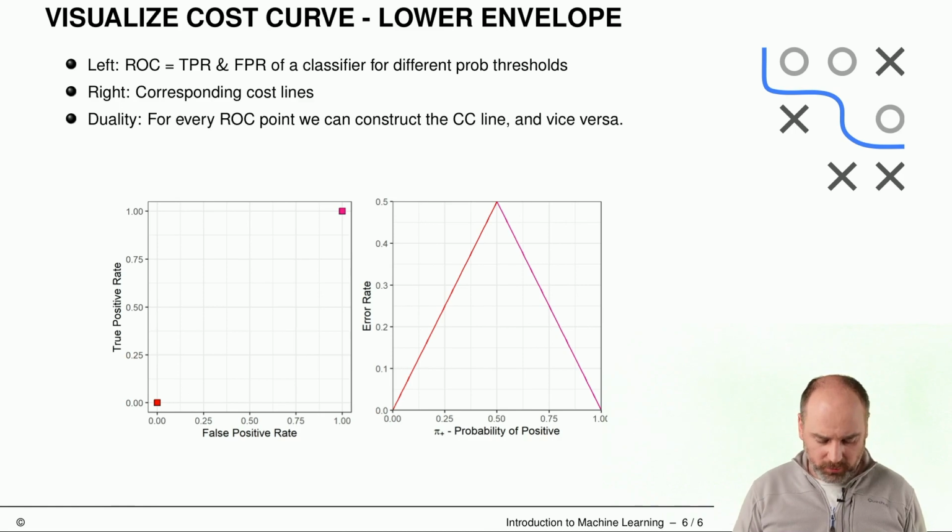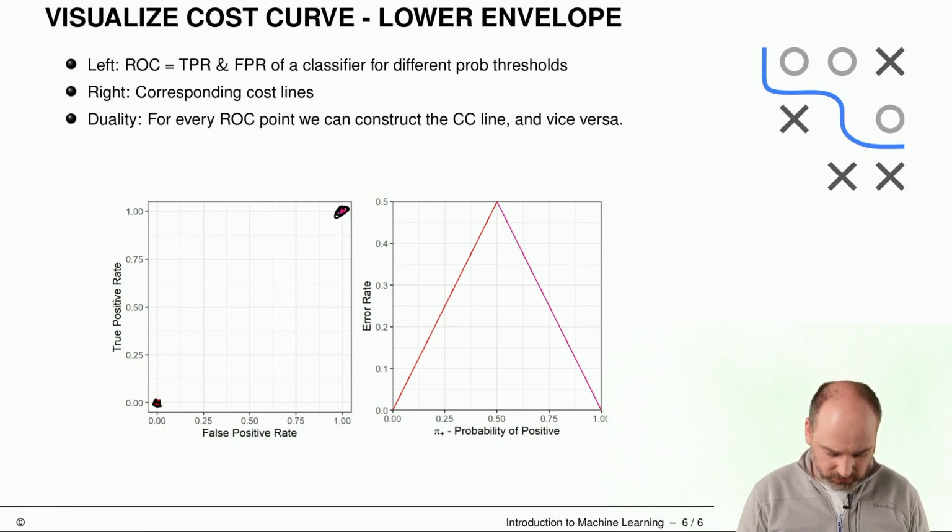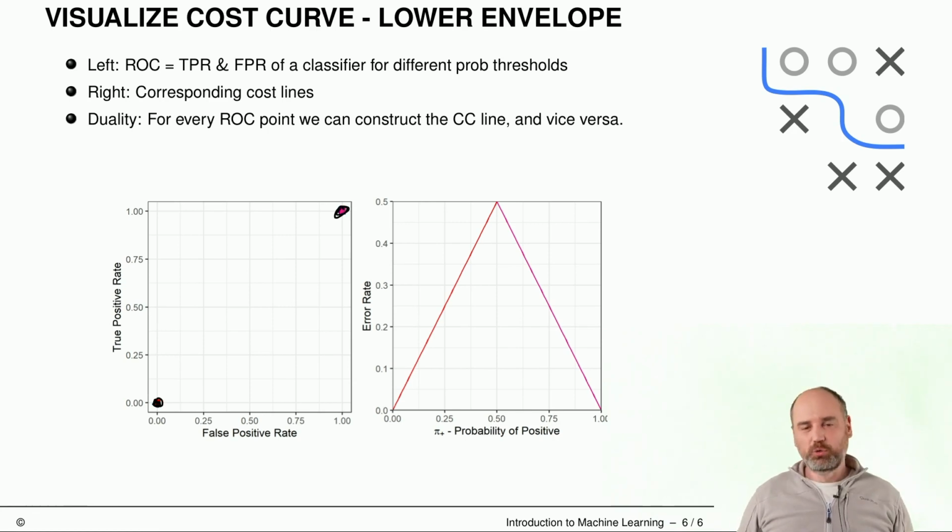So first of all, we can start by thresholding. It's easier to consider a probabilistic classifier. So we can threshold at 0 and we can threshold at 1. And then we get exactly these two points here, two trivial systems. This is exactly the stuff that we discussed before.